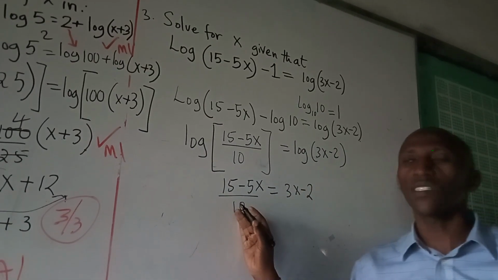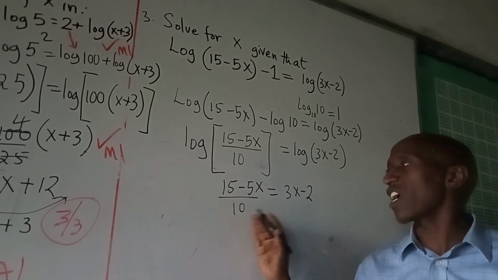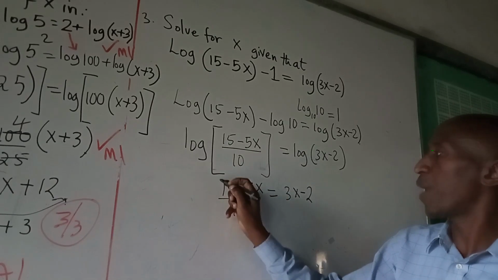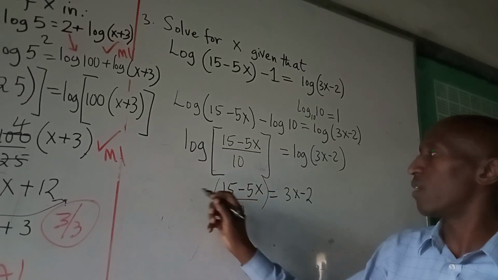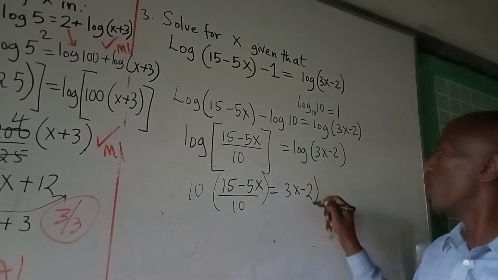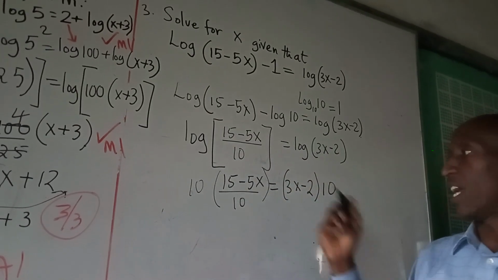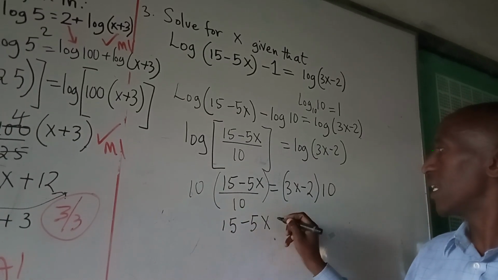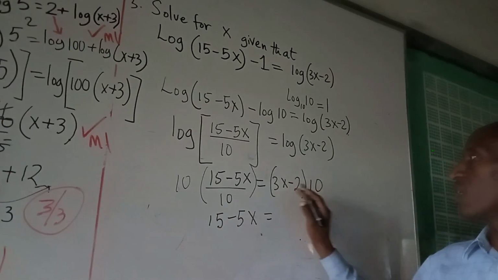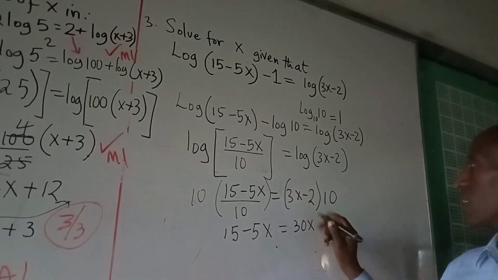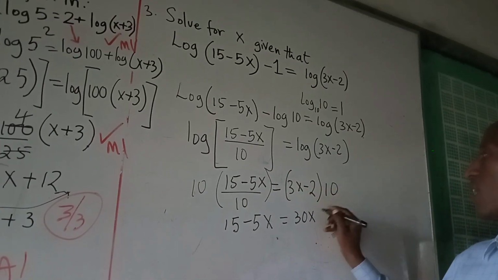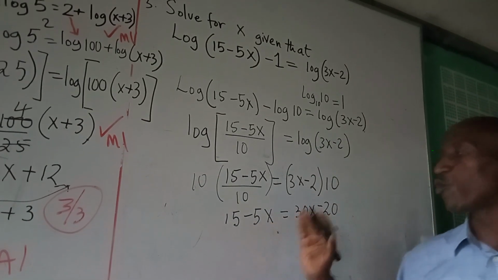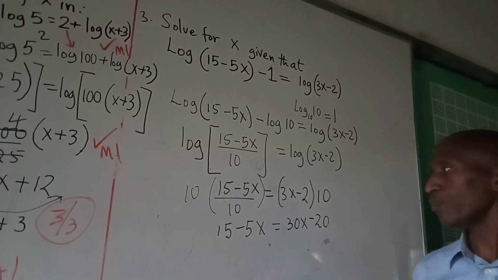At this point, we simplify the equation so that we get the value of x. We may multiply the left side by 10, and we multiply the right side by 10. And what does that give us? It gives us 15 - 5x = 30x - 20, since 10 times 3x is 30x and negative 2 times 10 is negative 20. At this point, we put like terms together.